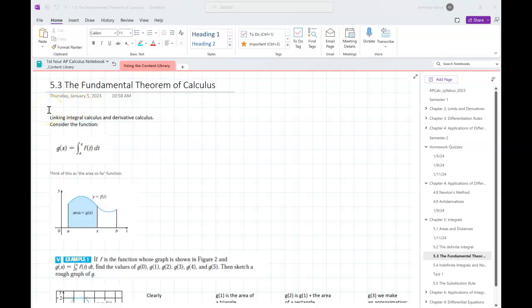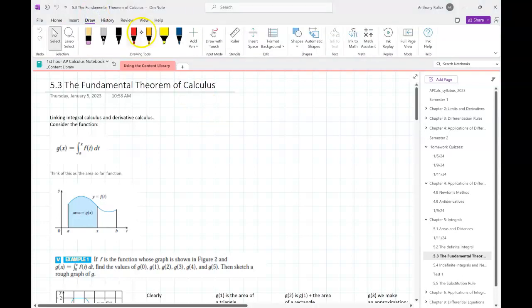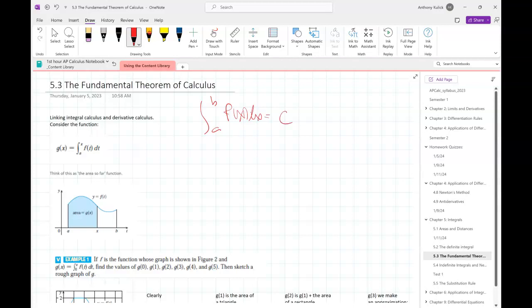So remember when we talked about a definite integral in the last section, we said that that was just a number, right? The integral from a to b of f of x dx is just equal to some constant. What we're going to do is create a function in terms of x.